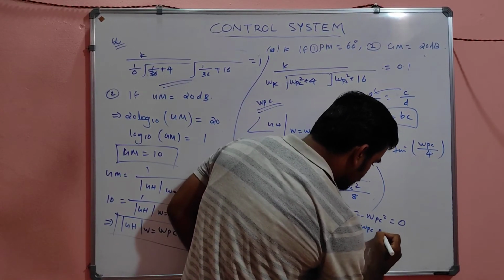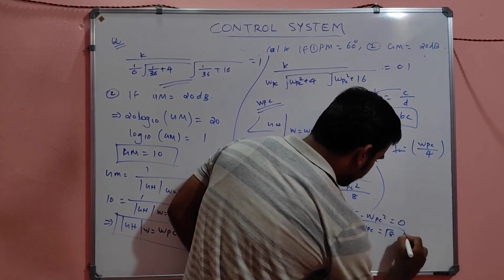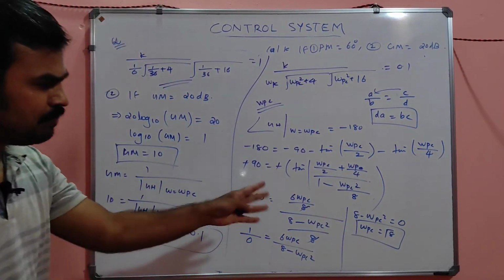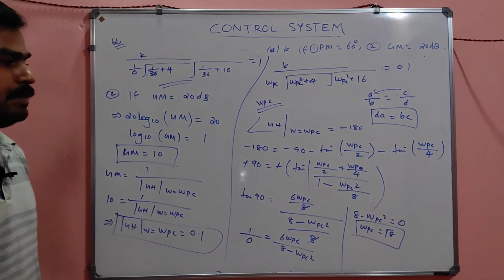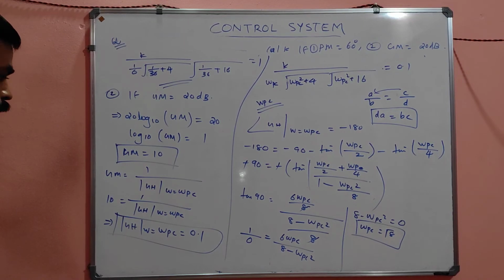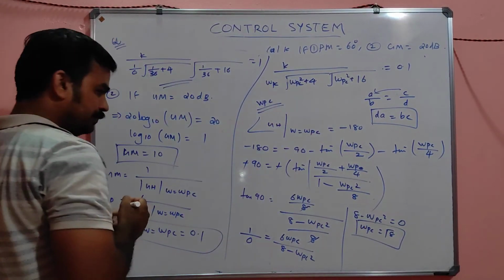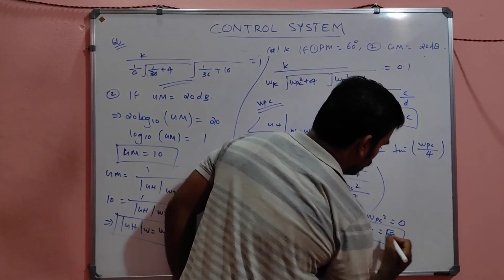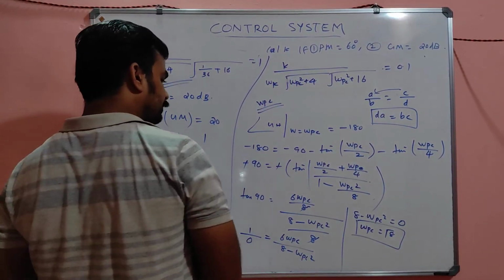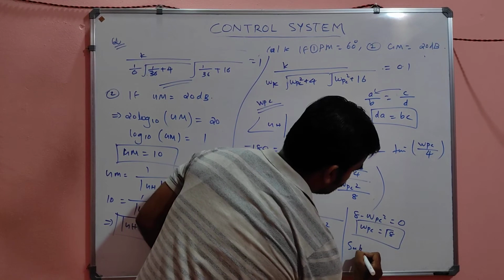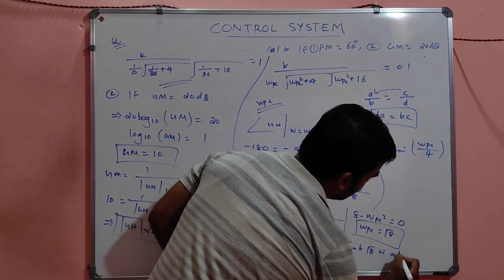Or omega pc is equal to root 8. Plus or minus root 8 will be there, but we need only the plus value. Omega pc is nothing but root 8, my dear. So substitute this root 8 in the above equation.